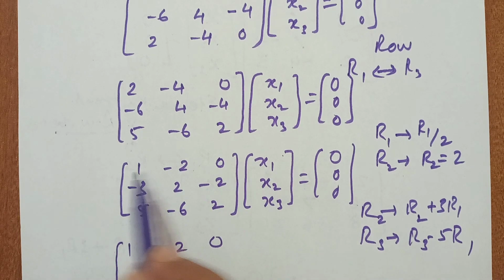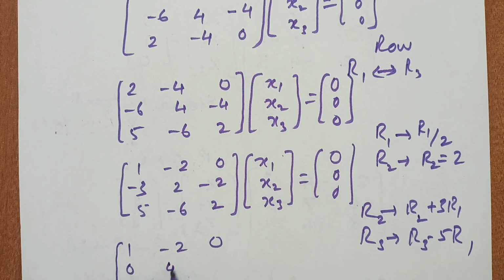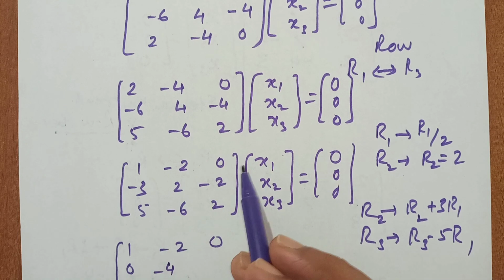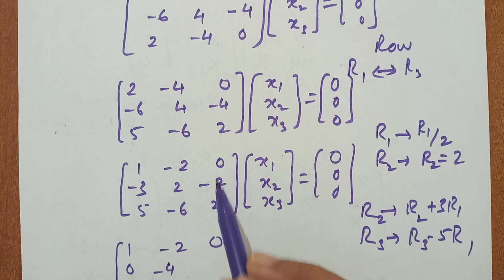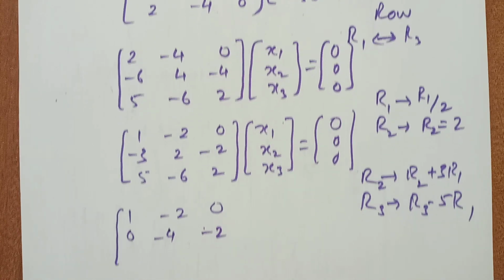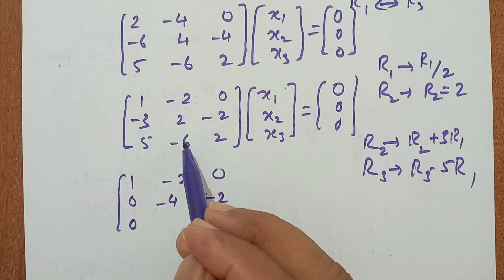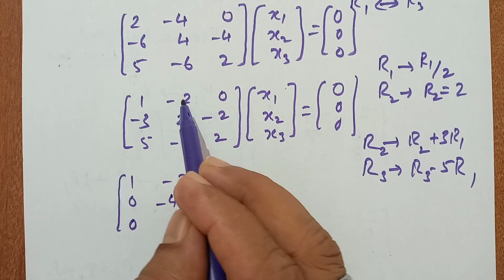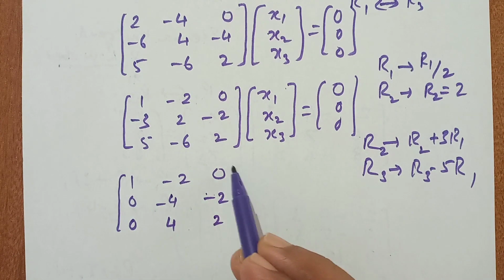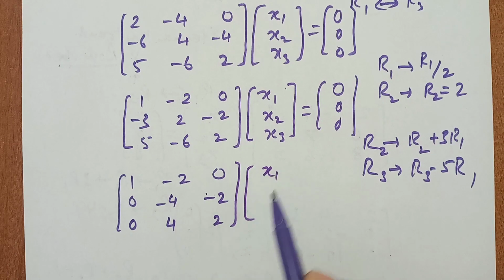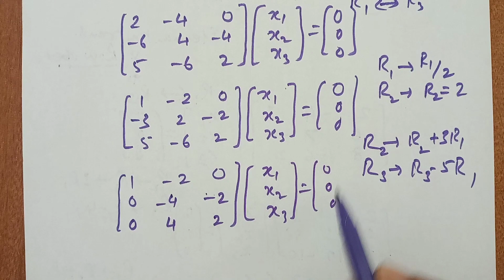If we multiply by 3 and add, minus 6 plus 2 is minus 4, and here R2 plus 3 R1 gives minus 2. For R3 minus 5 R1, we get 0, then plus 10 minus 4 is 6, and the last is as it is. So x1 x2 x3 is equal to 0 0 0.